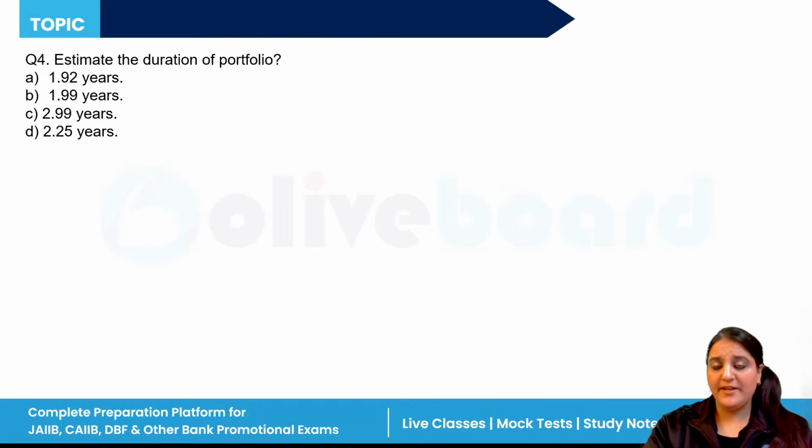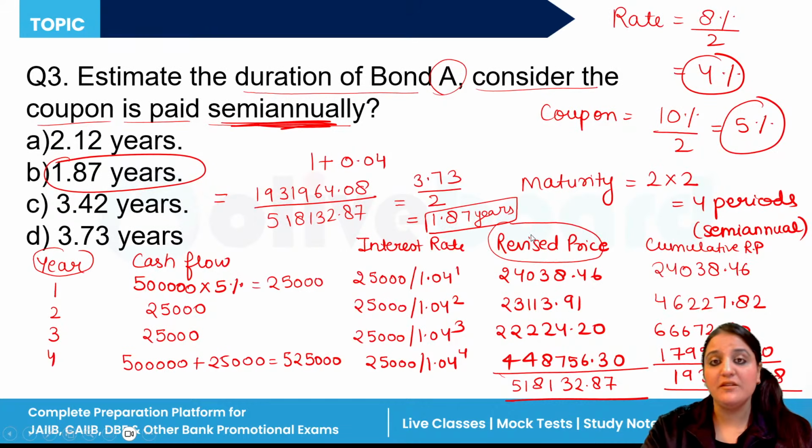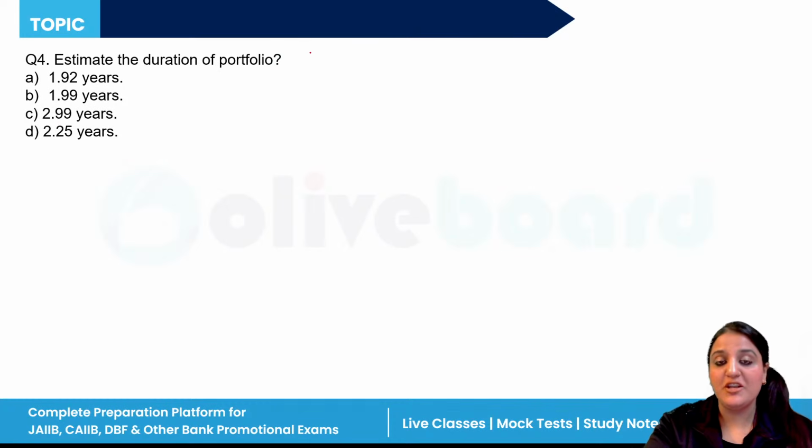So let's calculate the duration of portfolio. Now we can't find duration of portfolio. Why? Because we have duration of bond A in semi-annual version. For this we have to find duration of this bond A first, right?